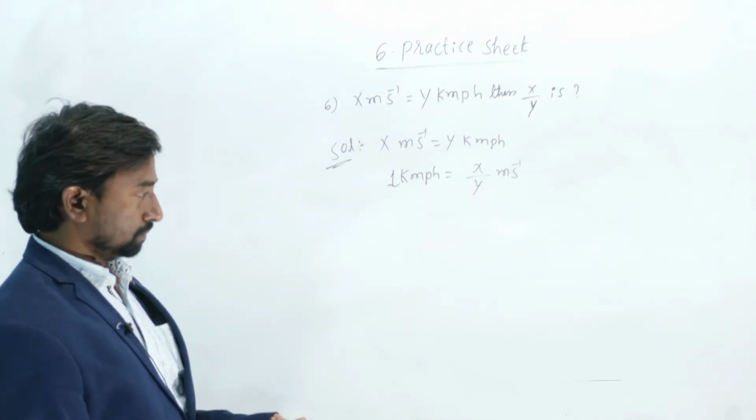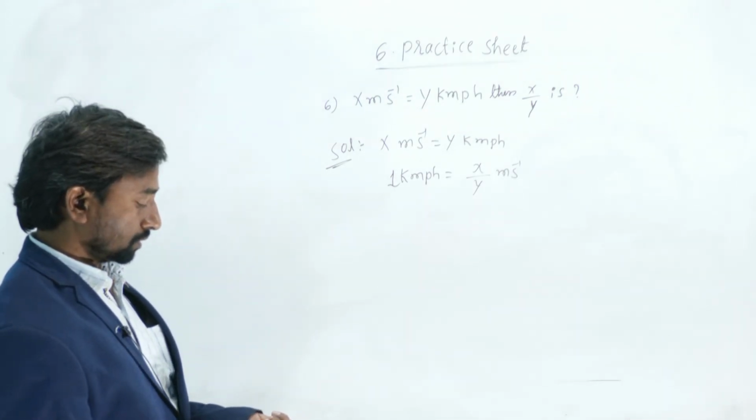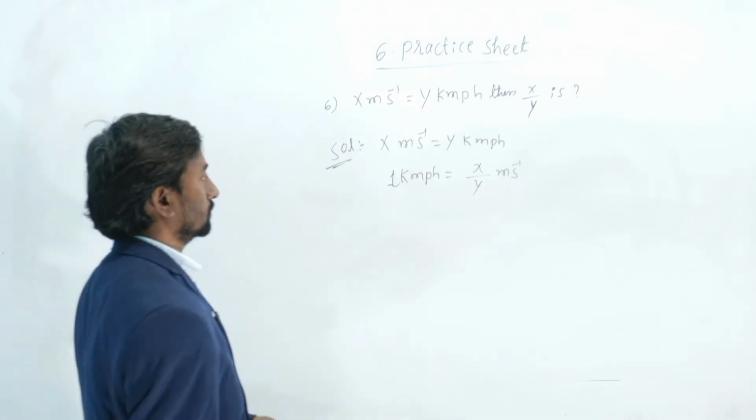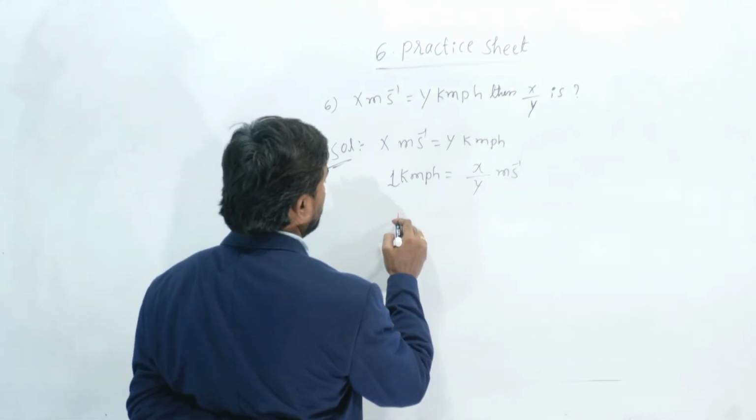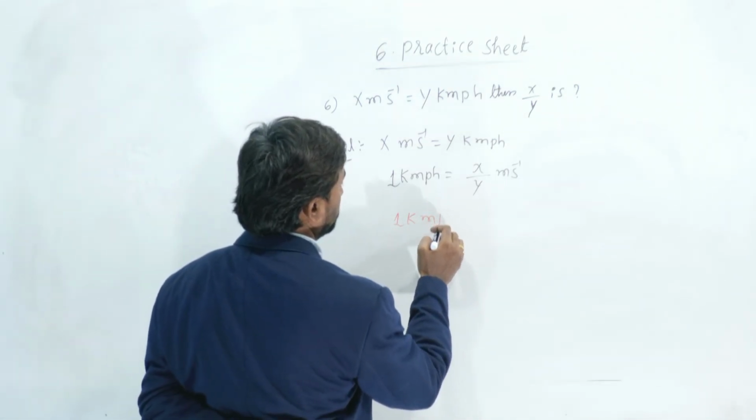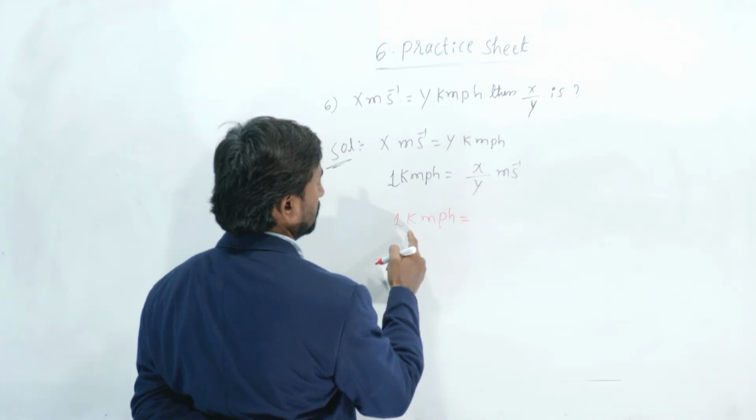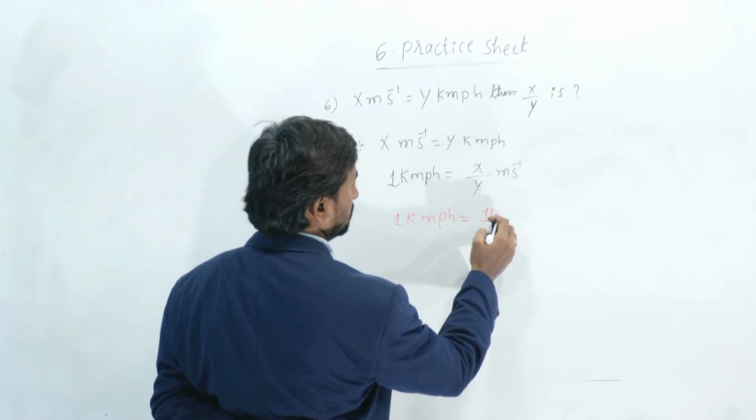And we know that 1 kilometer per hour. So 1 kilometer means how many meters? 1000 meters.